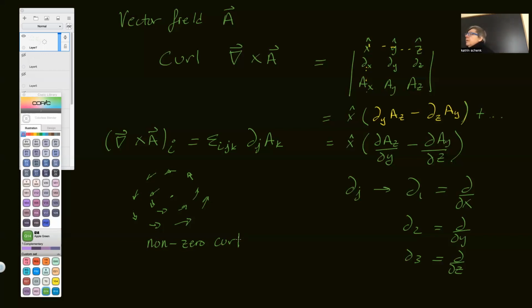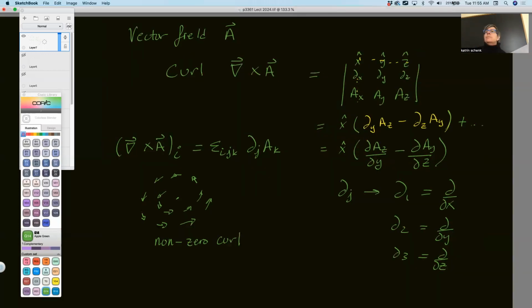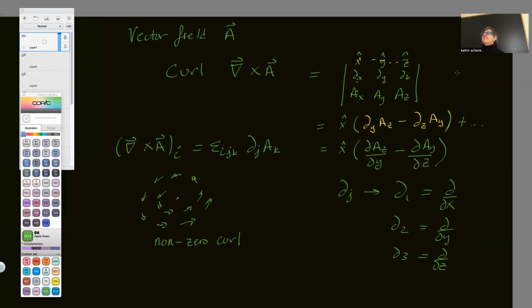What do you think about the magnetic field? Do you think it has curl zero? What do you guess? It has zero curl or not zero curl?